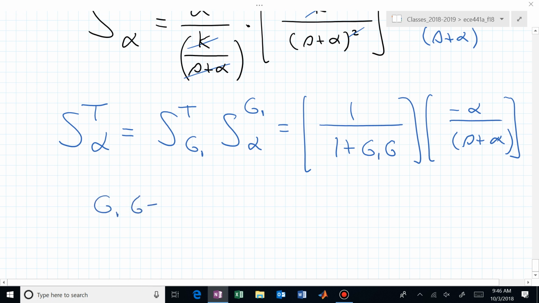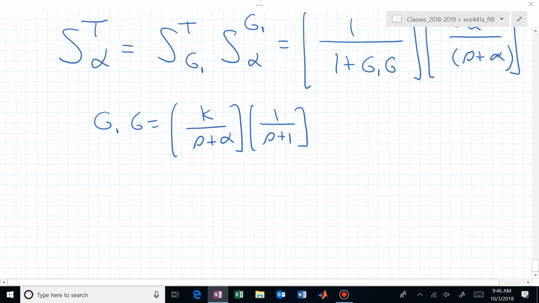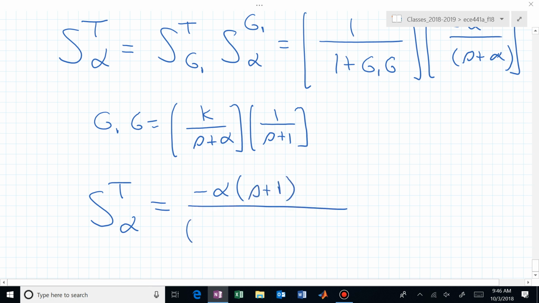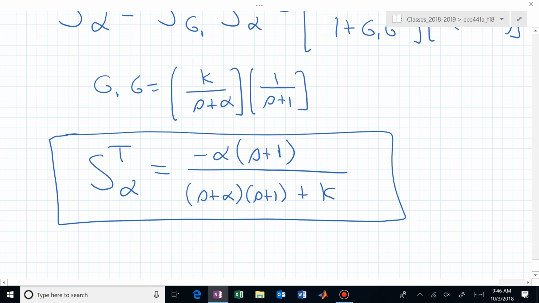And G1G was that. You plug that in for G1G, multiply through by the S plus alpha in the denominator. You're way ahead of me. S of T with respect to alpha is minus alpha (S plus 1) over (S plus alpha)(S plus 1) plus K. That's the sensitivity of the transfer function, the closed loop transfer function, with respect to alpha.